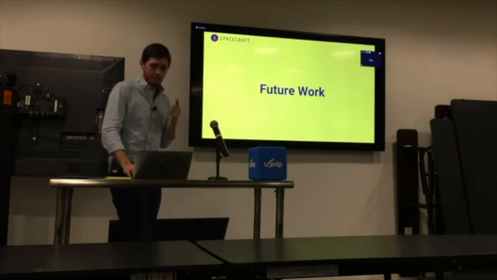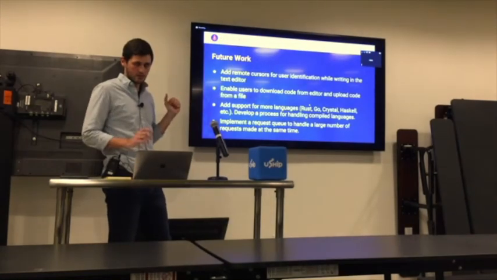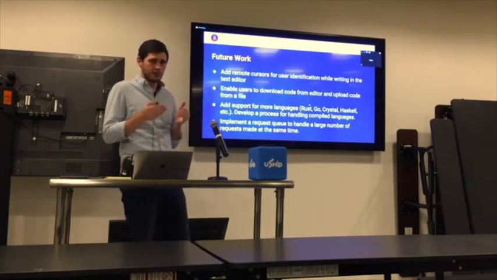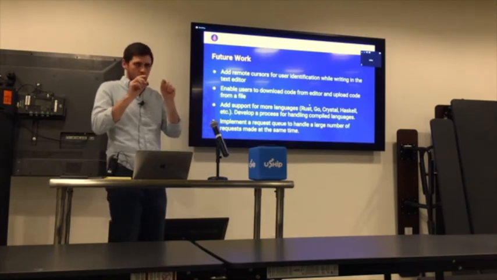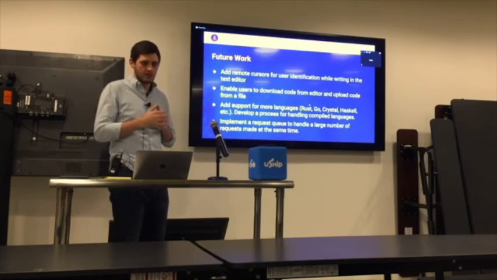And now we get to future work. So our team is looking to do a few more things to the project. We want to add some remote cursors for user identification in the text editor. Something like Google Docs where you have a name and a color and everything, just so that it's more visually clear where everyone is in the text editor.